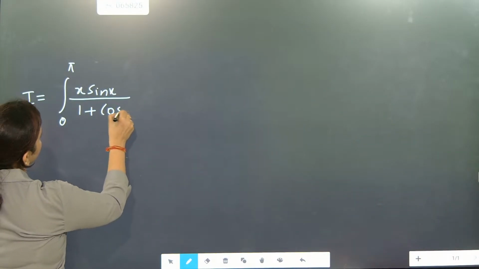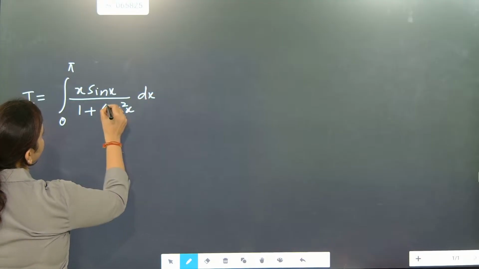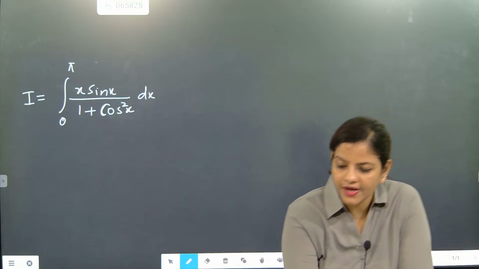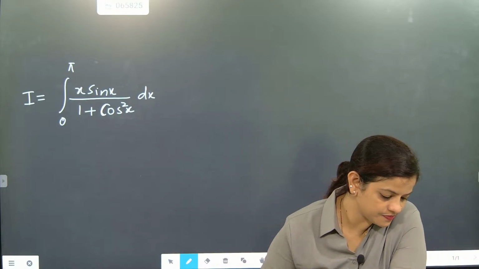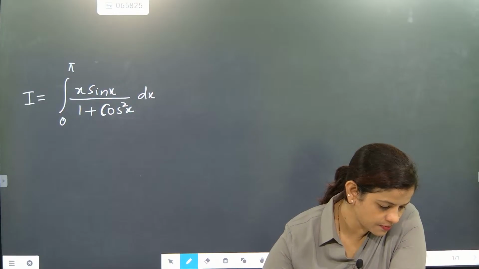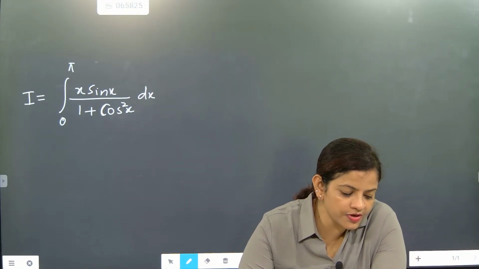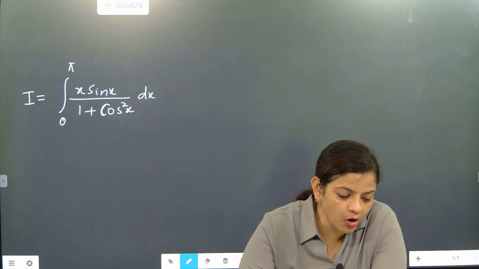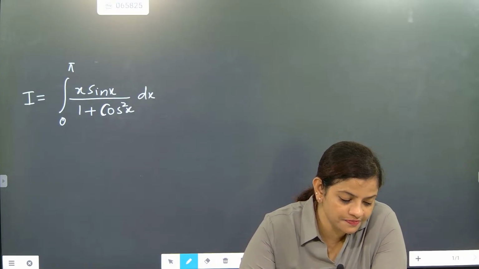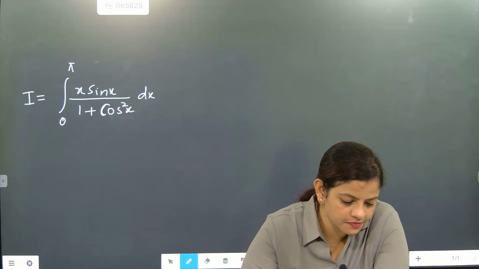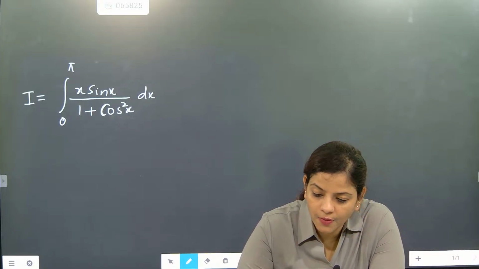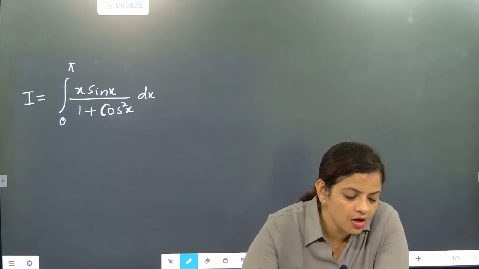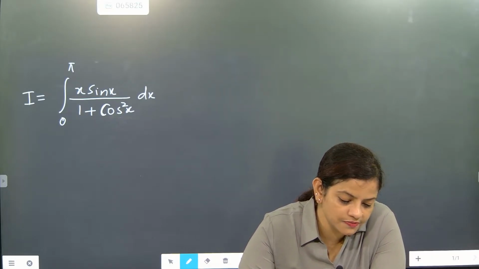It's a really super question. If you apply the property directly, it's going to give you trouble. We can solve it by both methods: the a minus x method, and direct property application.